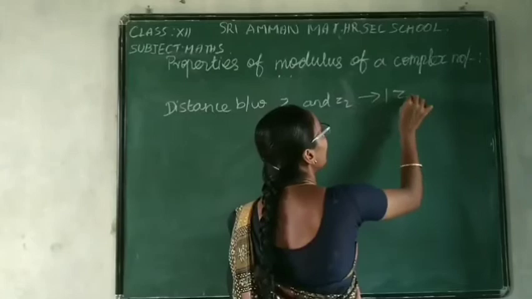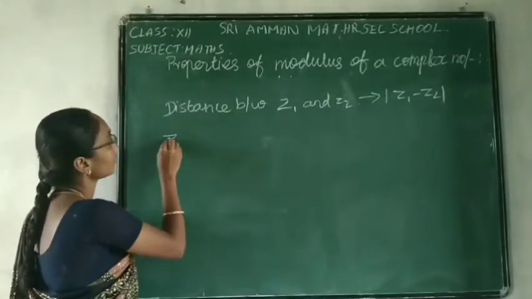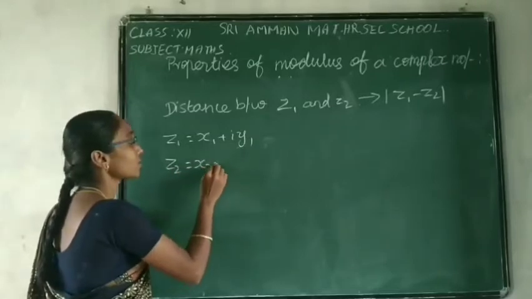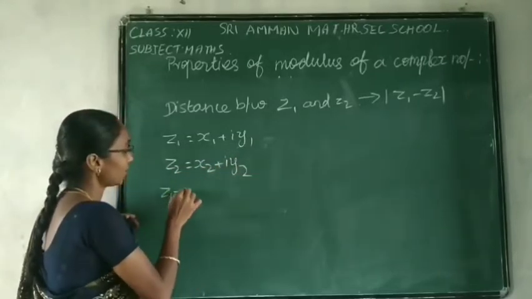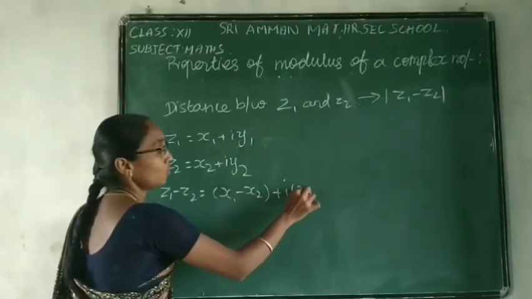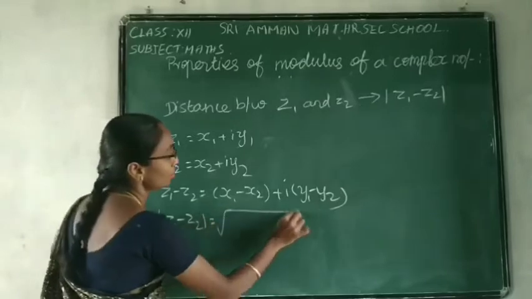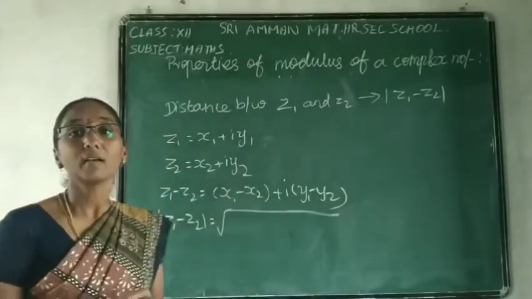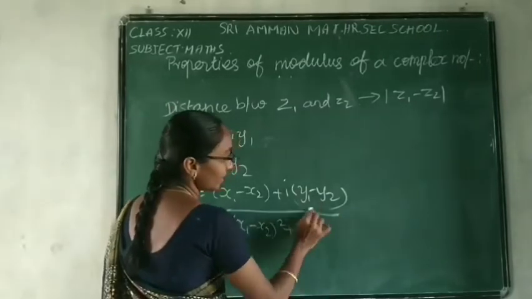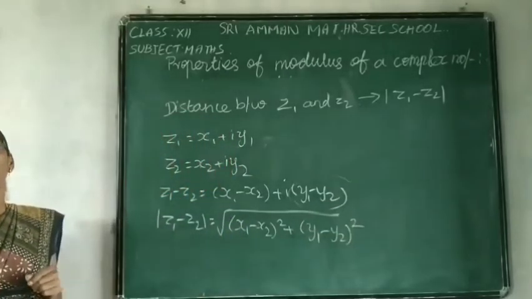Consider Z1 equal to x1 plus i y1, and Z2 equal to x2 plus i y2. So Z1 minus Z2 equals (x1 minus x2) plus i times (y1 minus y2). So the modulus of Z1 minus Z2 equals the root of the real part squared plus the imaginary part squared, that is, root of (x1 minus x2) squared plus (y1 minus y2) squared.